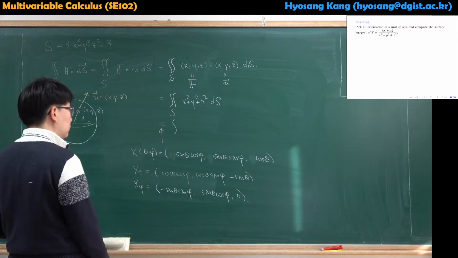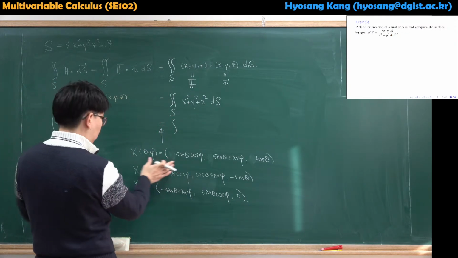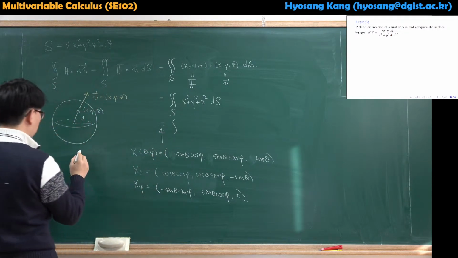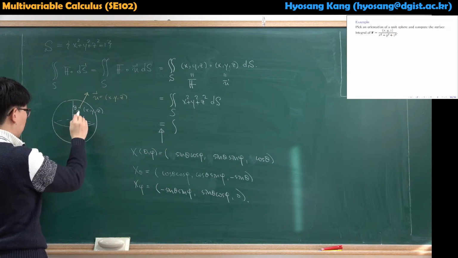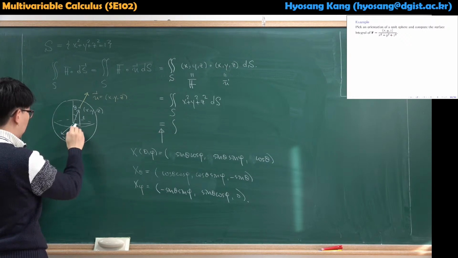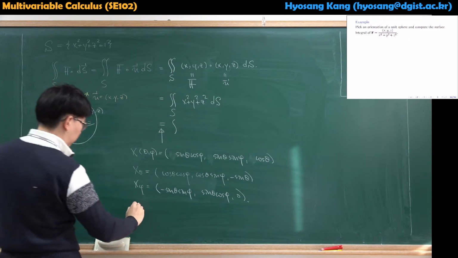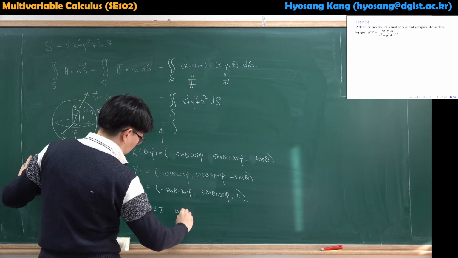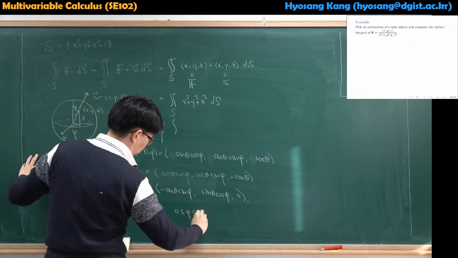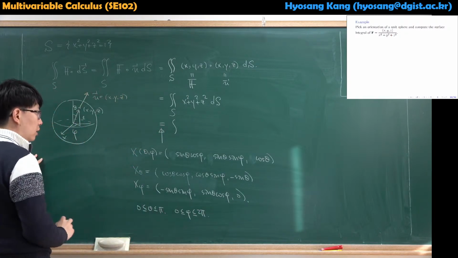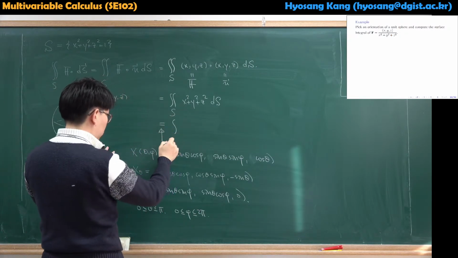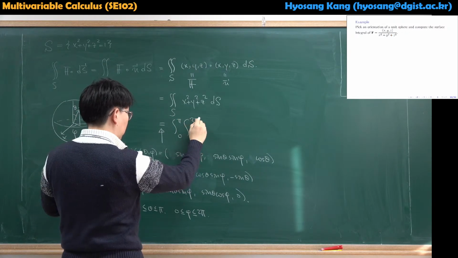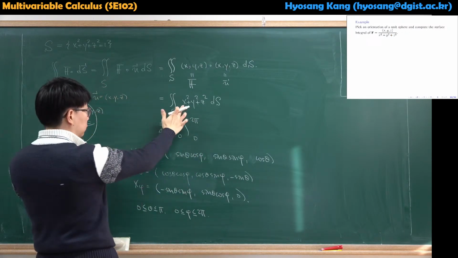So when I parameterize my sphere with theta and phi, theta runs from 0 to pi, and phi runs from 0 to 2 pi. So I'm going to change my limits to 0 to pi and 0 to 2 pi of what?